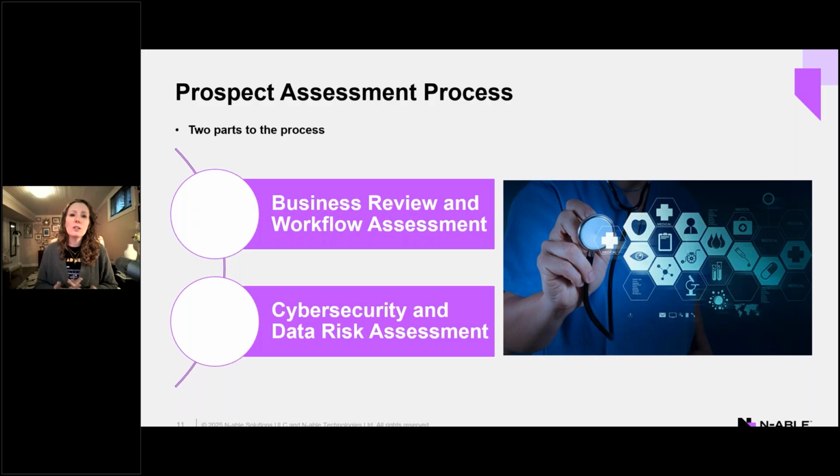We want to deliver some sort of cybersecurity and data risk assessment as part of this step, because you want to determine what holes exist in the prospect's security policies and procedures. Even if they have them in place at all, they may not, because depending on who they're using today as their current MSP, that MSP may not have stuff like this in place.